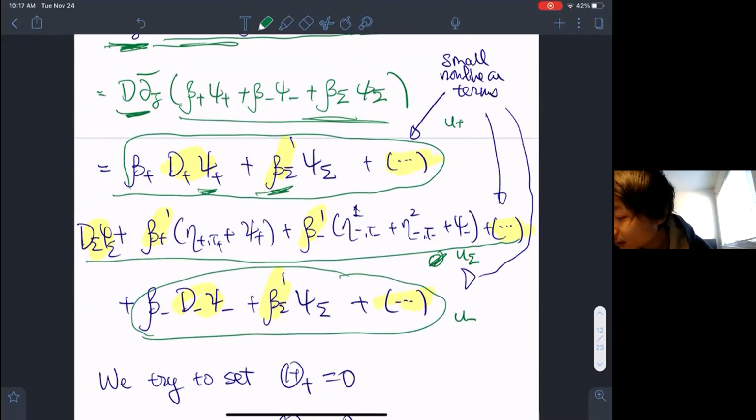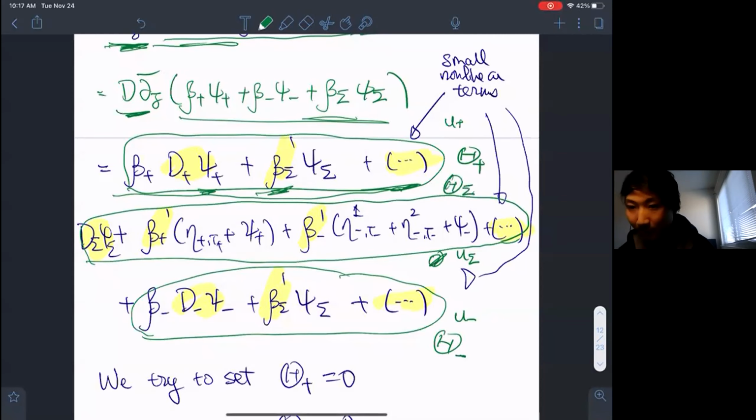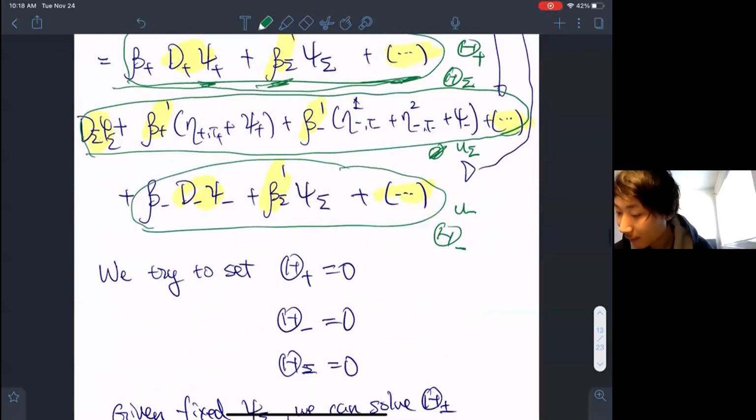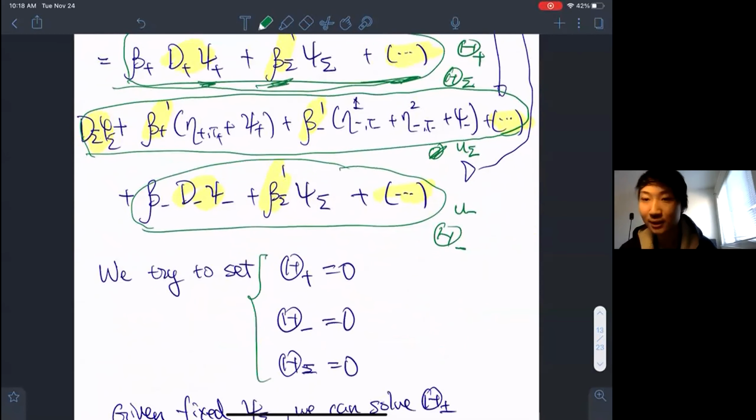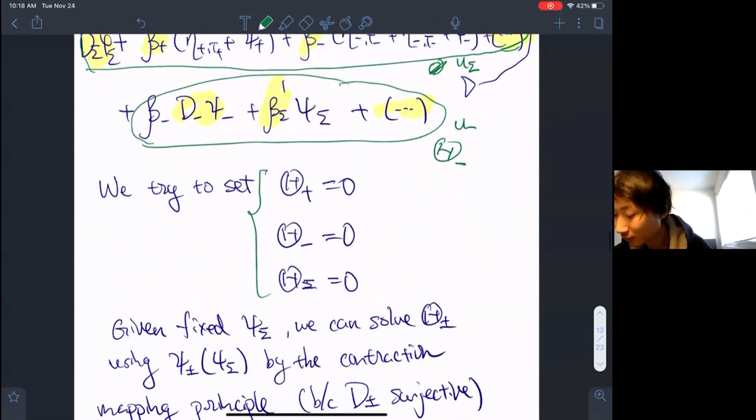So I'm going to separate the equation into three. I'm going to call these terms theta plus, these terms theta minus, and this middle term theta sigma. Okay. And we have a J-holomorphic curve equation if we set all three of them equal to 0.